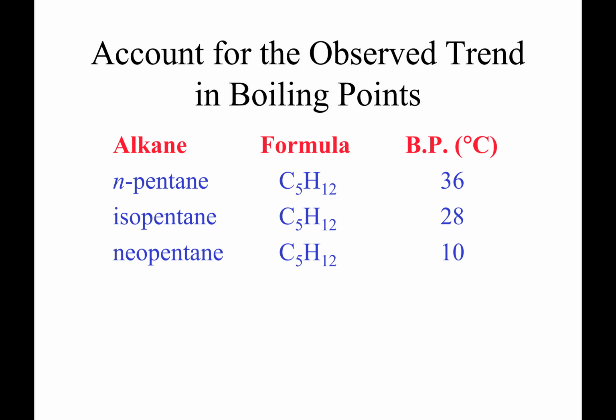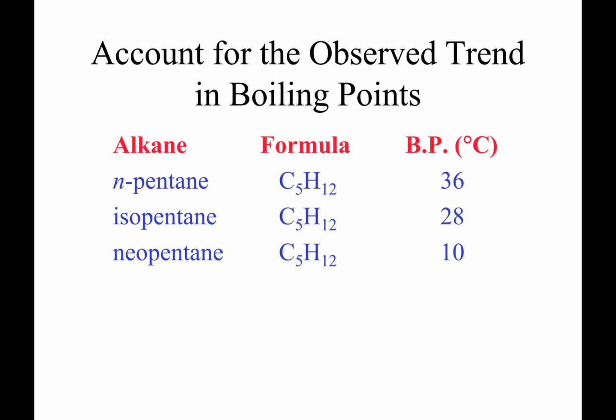Well, what about these? Notice that if we look at nomenclature, they end in ane, so they're alkanes. But we have the pent prefix. Pent means 5. So in each of these cases, these are isomers of pentane. We have normal pentane, which I'm going to show you a picture. Normal means a straight chain.